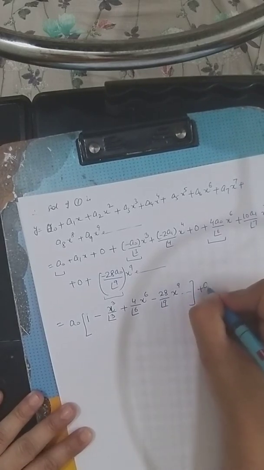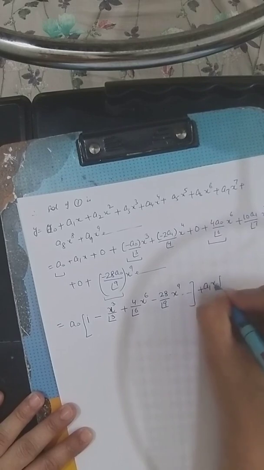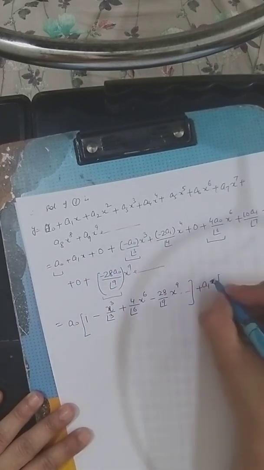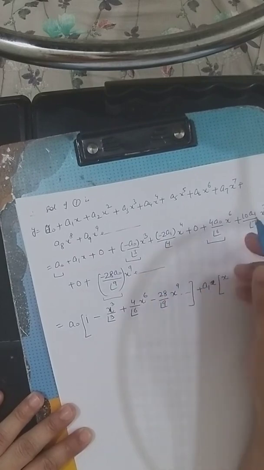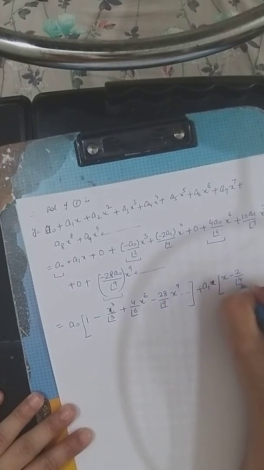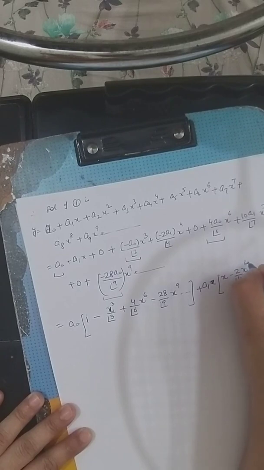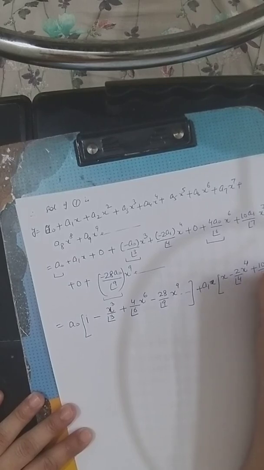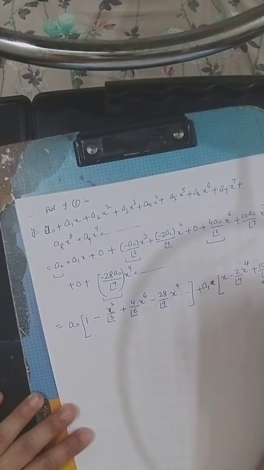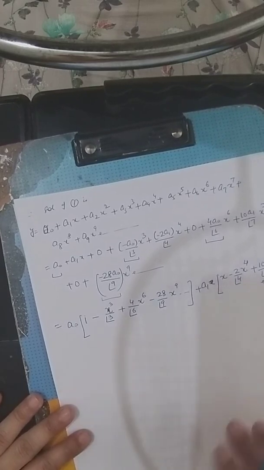Then a1 times x, taking x inside, minus 2 over 4 factorial x power 4, plus 10 over 7 factorial x power 7, plus so on. This is the required result.